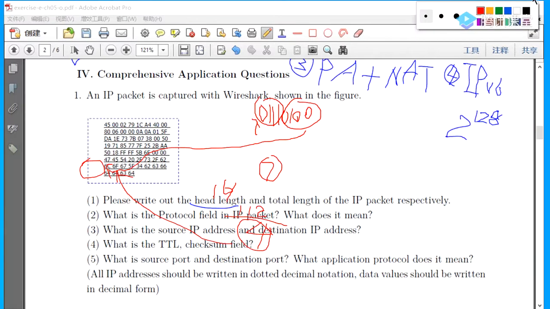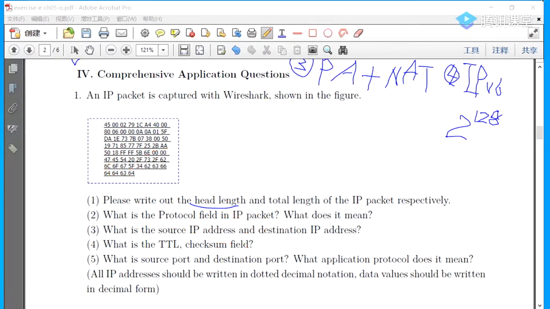For example, the header length and the total length of the IP packet, and the protocol field and its meaning. And what is the source IP address and destination IP address? And the TTL, checksum field, and what's the source port and destination port? What application protocol does it mean?